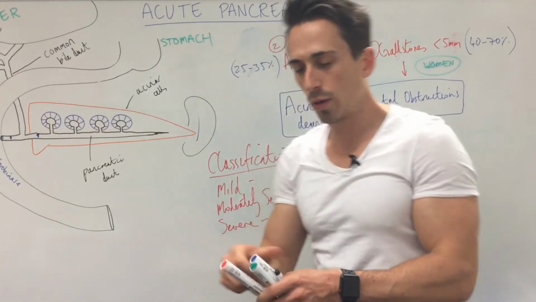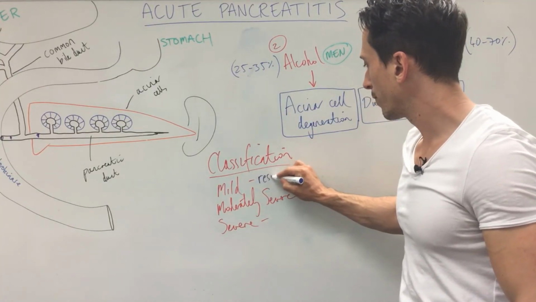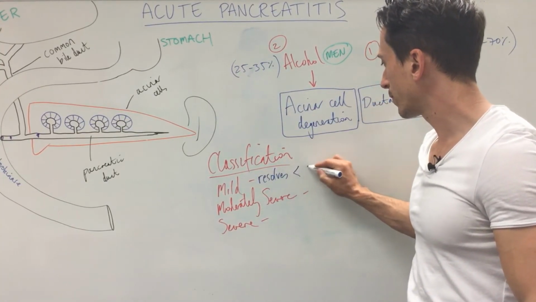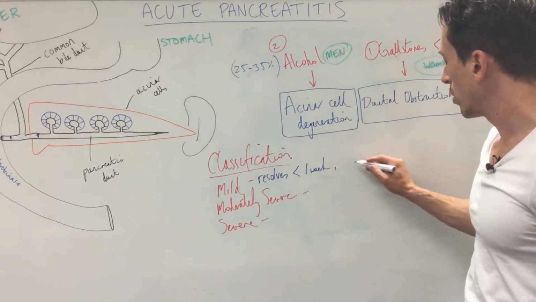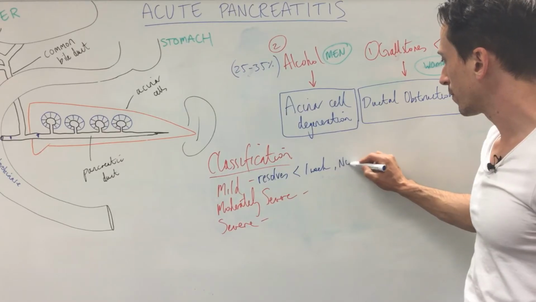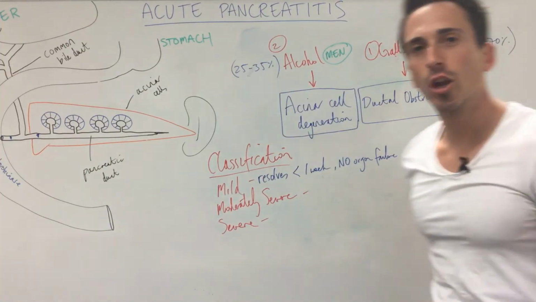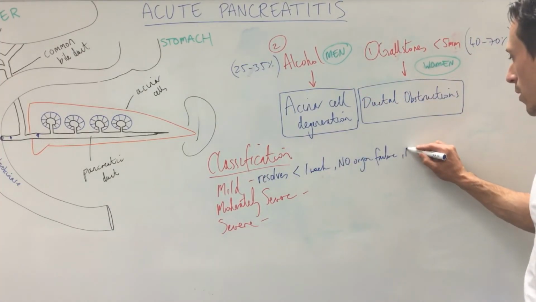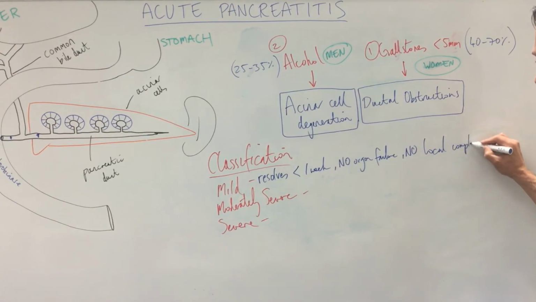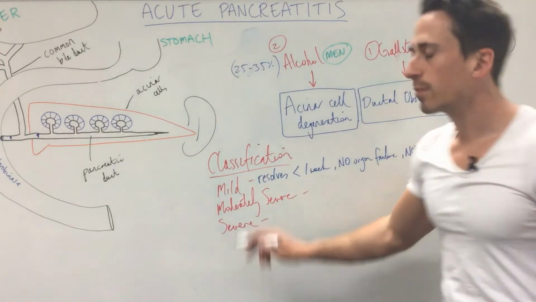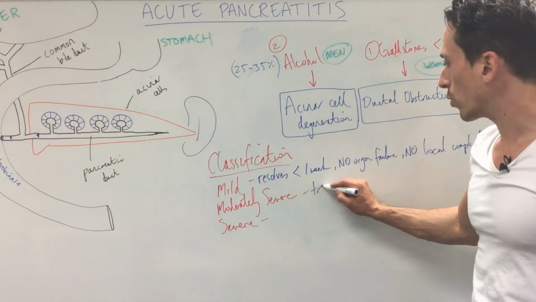Okay, so for mild, what you're going to find is it usually resolves within 1 week. And there's also no organ failure, and no local complications. I'll talk about what that means in a sec. When it comes to moderately severe, well, moderately severe is associated with transient organ failure.